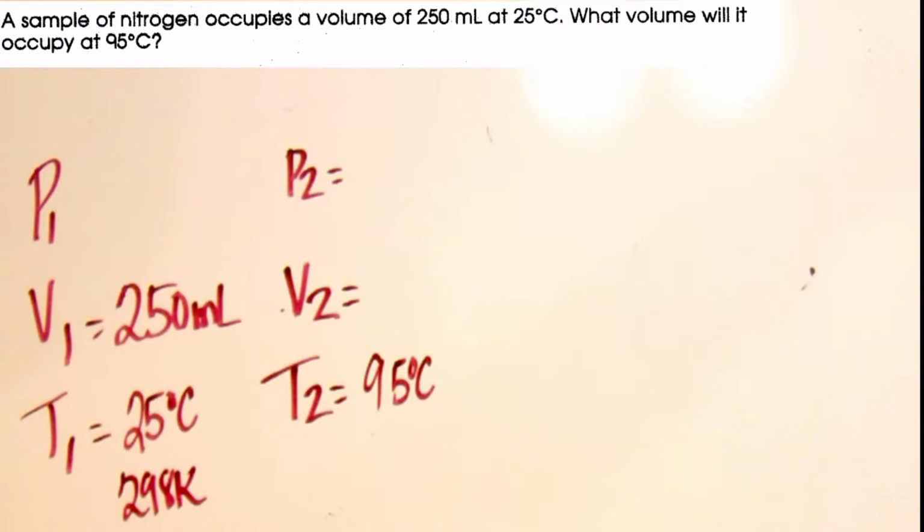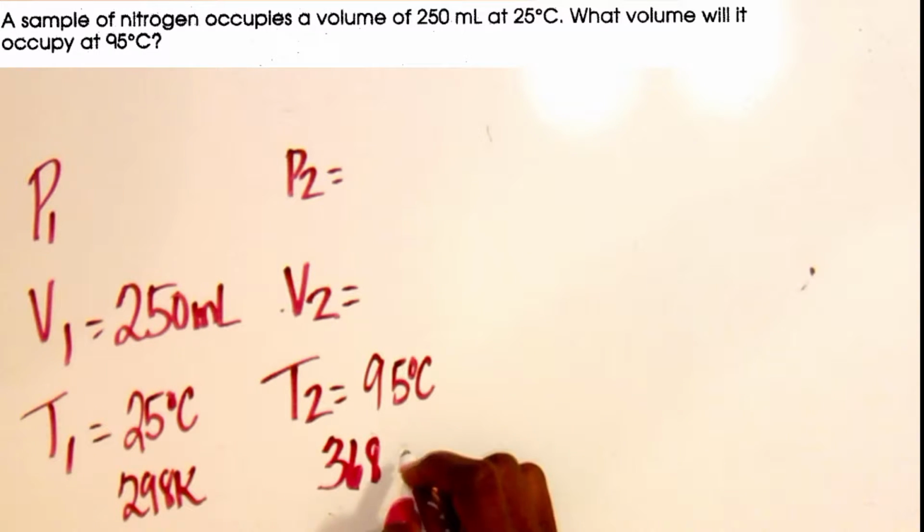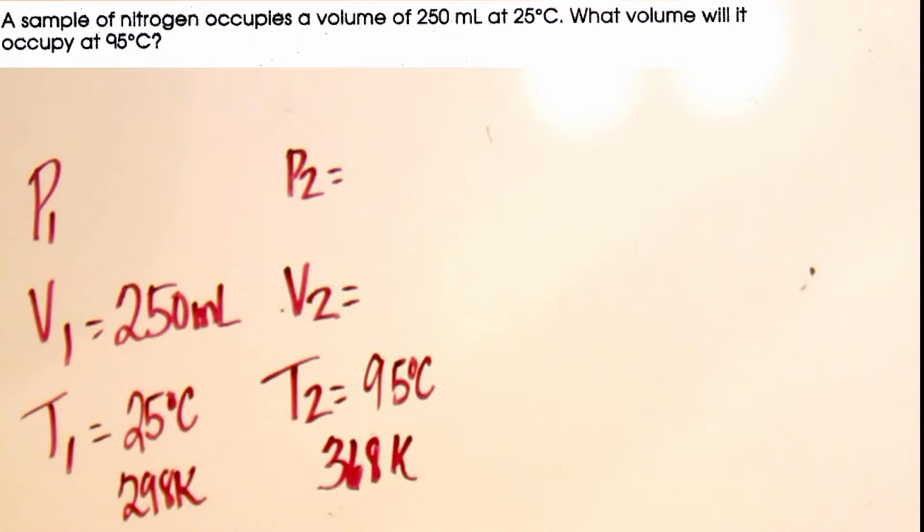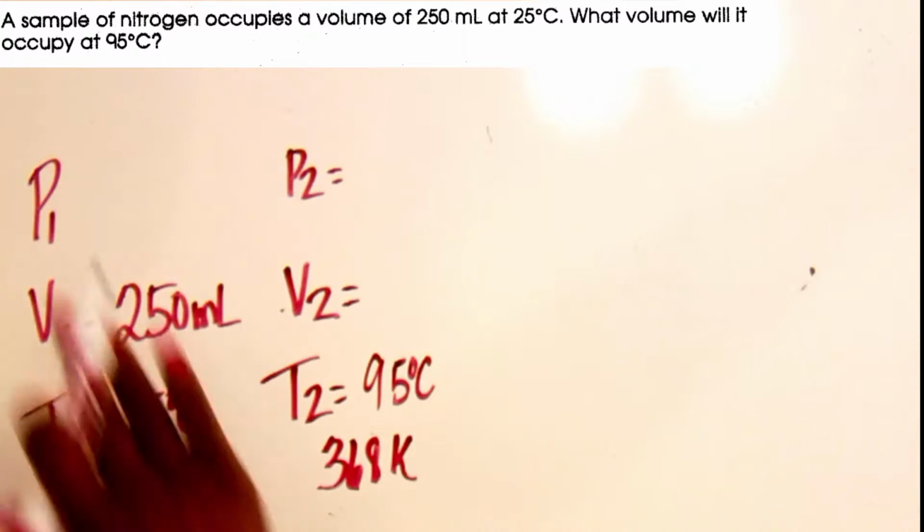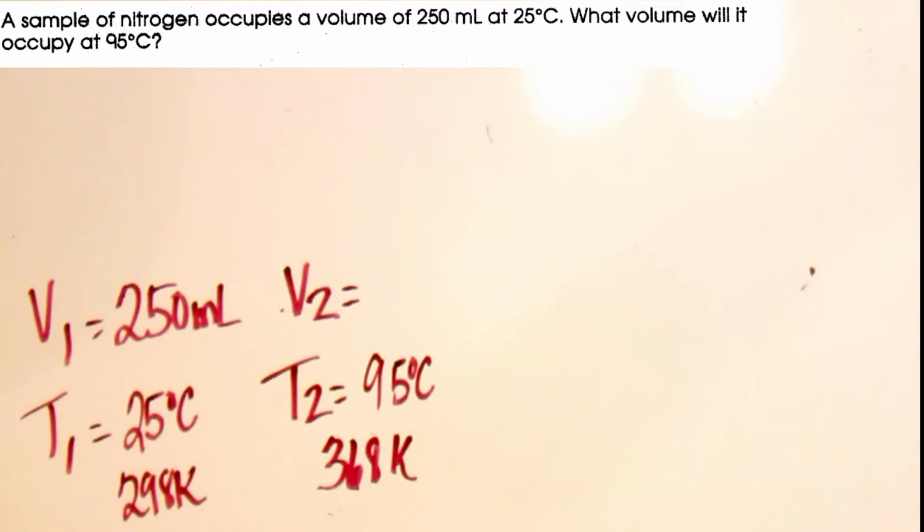And 95 degrees plus 273 equals 368 Kelvin. So now we've converted our Celsius temperatures to Kelvin. In the problem, it does not give us a pressure, so we can go ahead and assume that pressure is constant, so we can take that variable away.